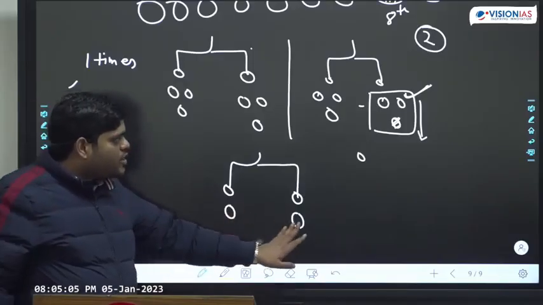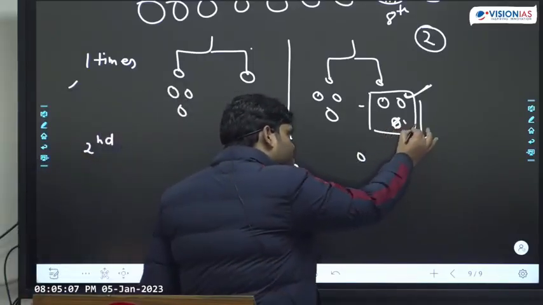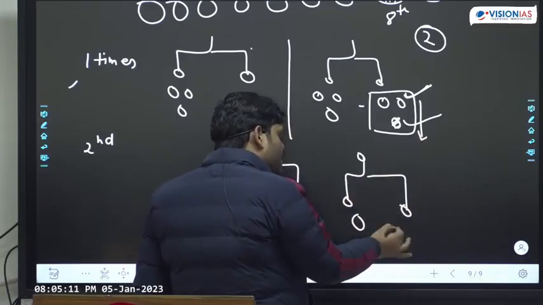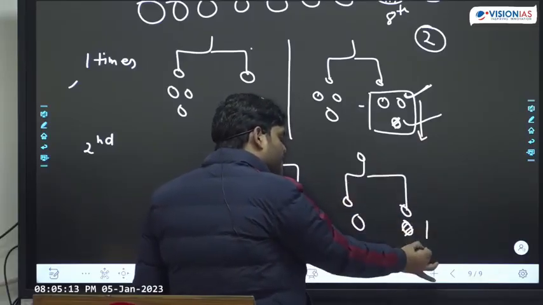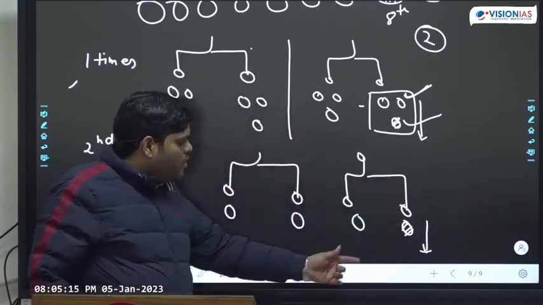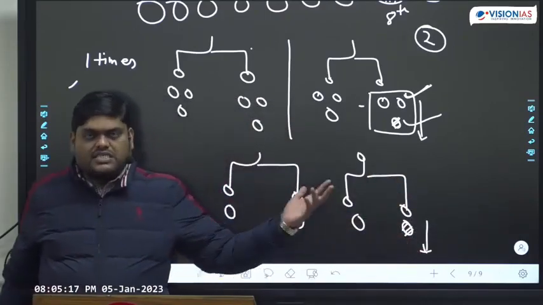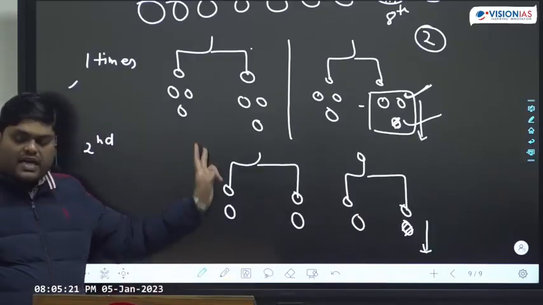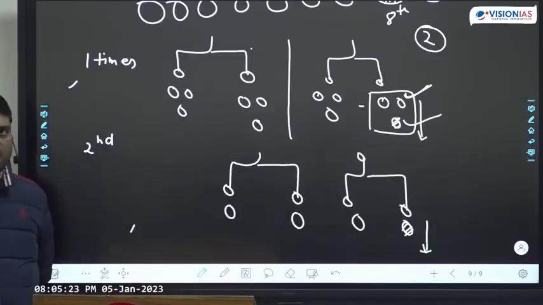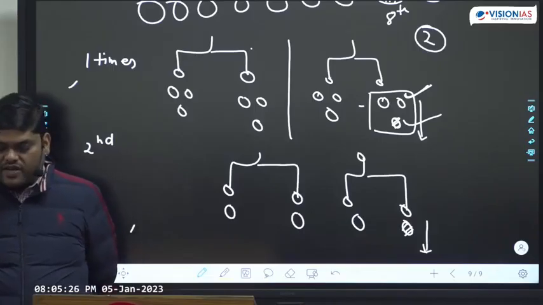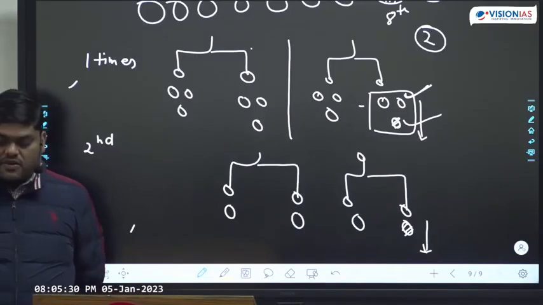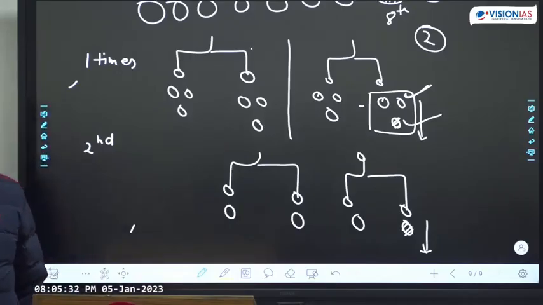If both are equal, that means the third ball is the heavier one. The second possibility is that when we put 2 balls, one side will be down, and that ball will be the heavier one. So by using 2 times only, we are able to identify which ball is the heavier one.